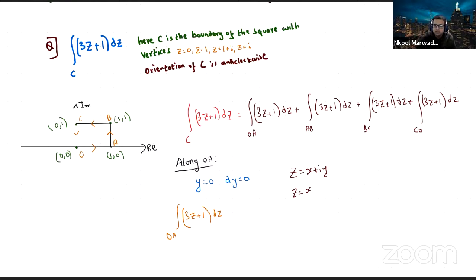See, the idea is that along the contour OA, x is the thing which is changing. So I have to find dz by dx. It will be 1, because z is x, so the differentiation of z with respect to x will be 1. It means that dz is equal to dx.